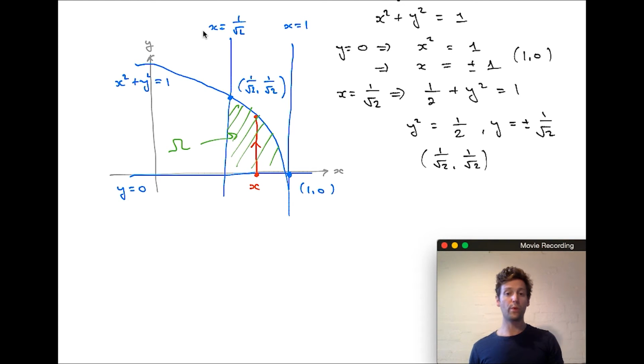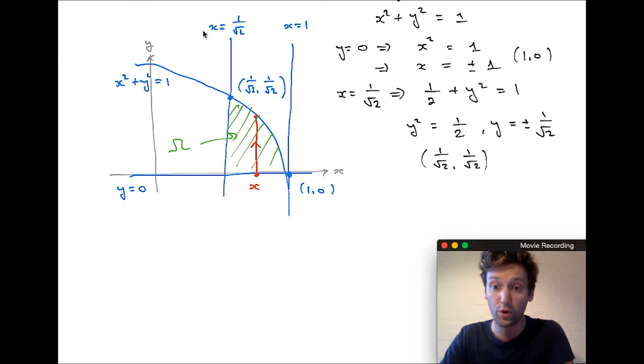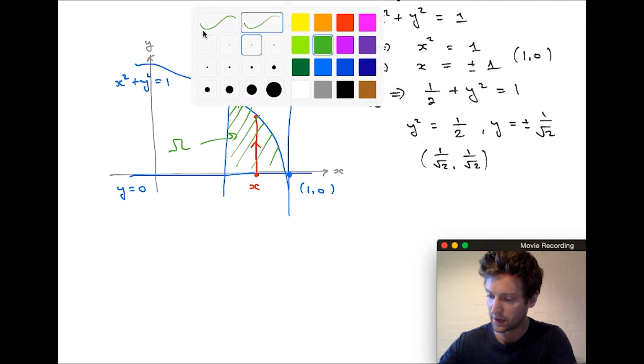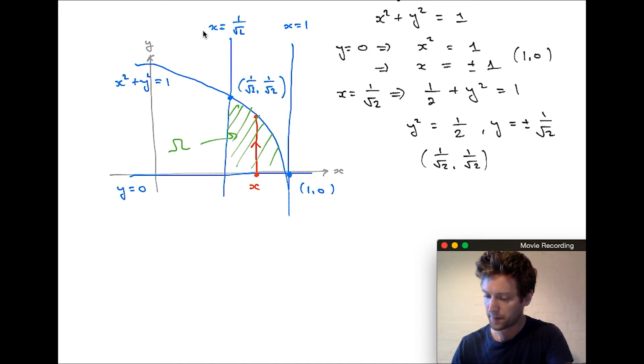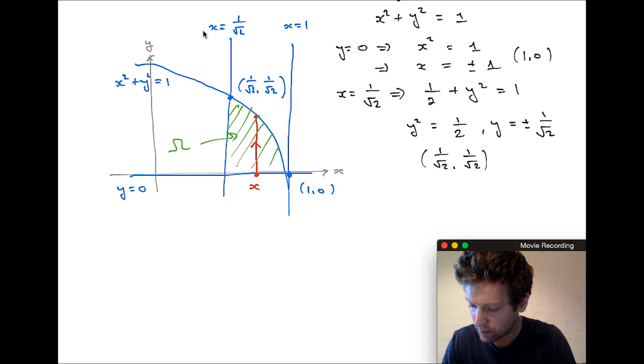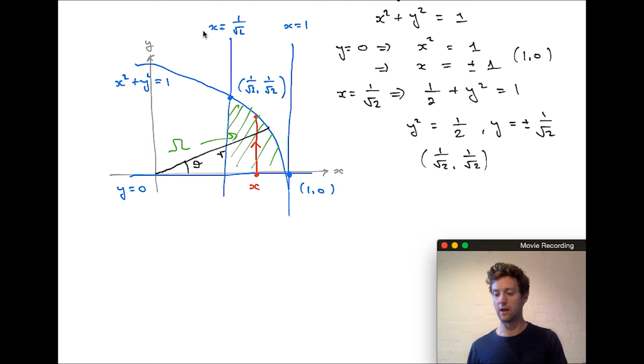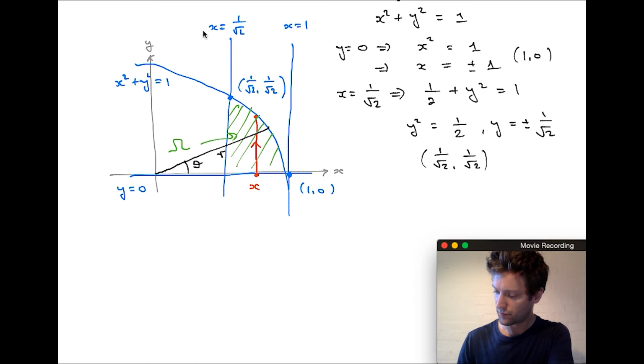Okay, so what we're going to do now is convert this into polar coordinates, because as you can see, there's clearly a circular symmetry here, a rotational symmetry. So let's see what that would look like. Our polar coordinates are r and theta. So there's theta, and r is the distance along that radial line. We need to write down what our limits of integration are.